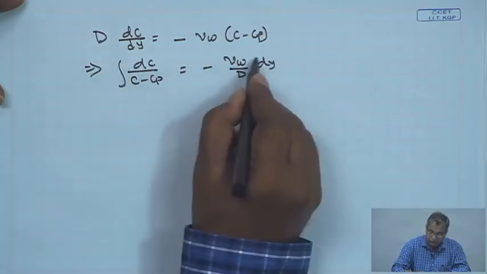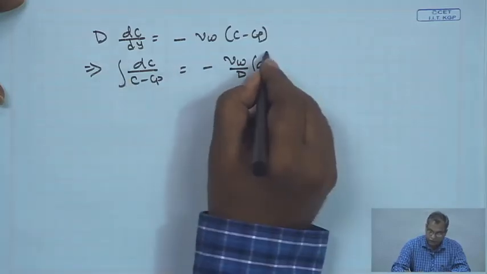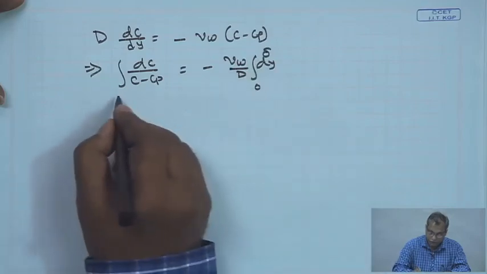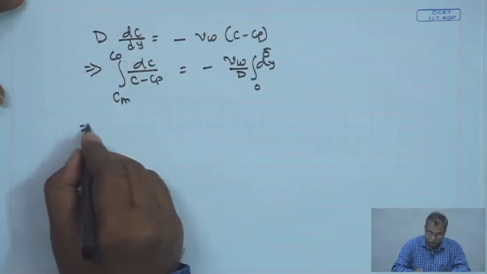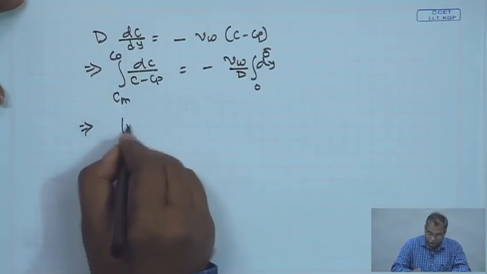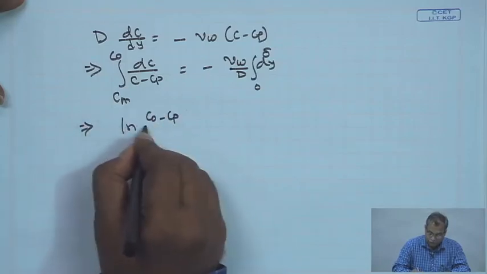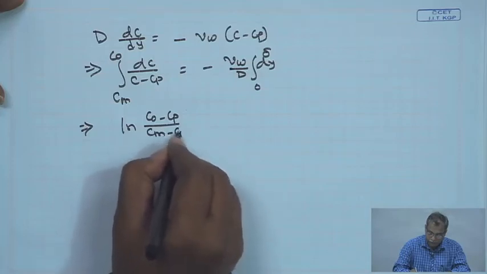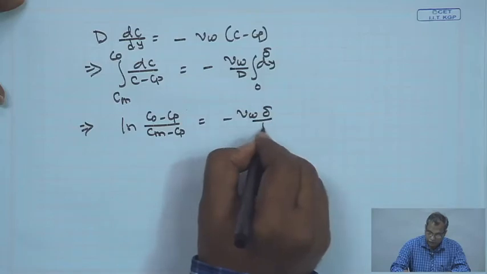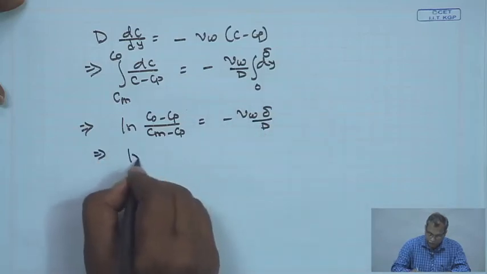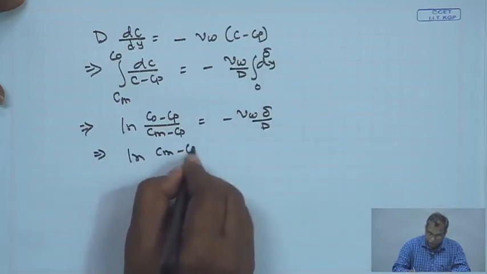Then this has to be integrated over the mass transfer boundary layer thickness, 0 to delta, and from membrane surface concentration to bulk concentration. So, you will be getting ln of (C0 minus Cp) divided by (Cm minus Cp) is equal to minus Vw delta by D, and if you take the minus sign and incorporate it.